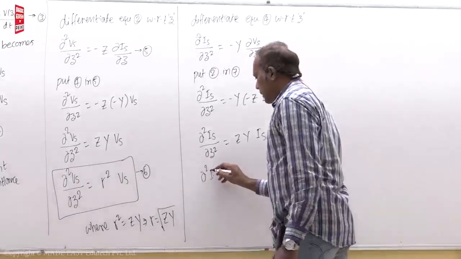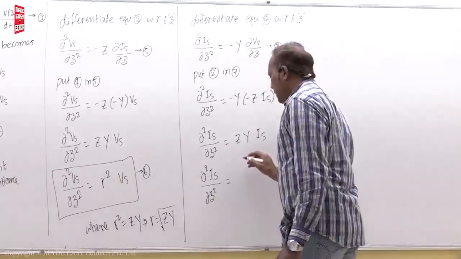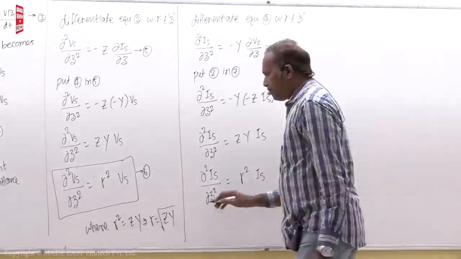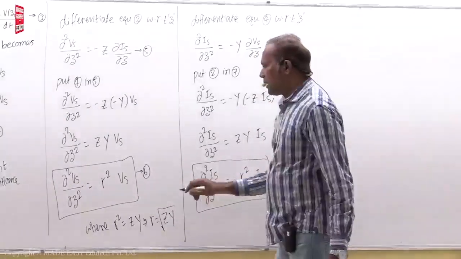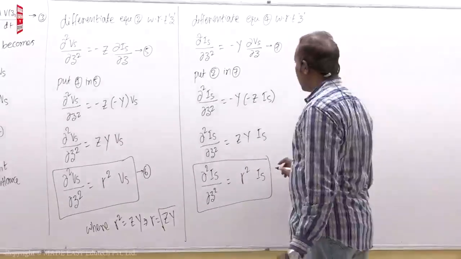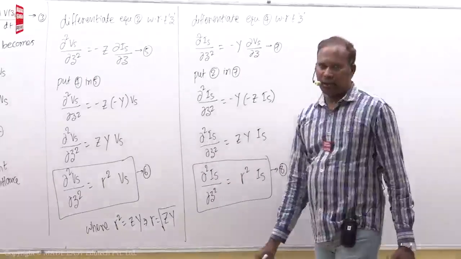So once again this current equation is similar to the gamma square equation. It is similar to the voltage equation. So in the voltage equation, replace Vs with Is, then you get this equation. That means solving one equation is more than enough, dear students.